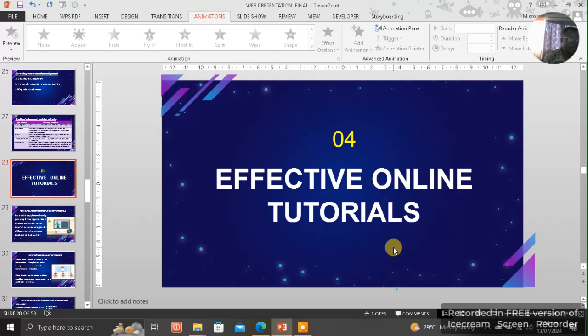Whilst interactive tutorials are structured collections of navigable web pages. Individual pages can contain any combination of text, images, videos, audios, and so on in order to interact with them. So both can also be used as online tutorials.